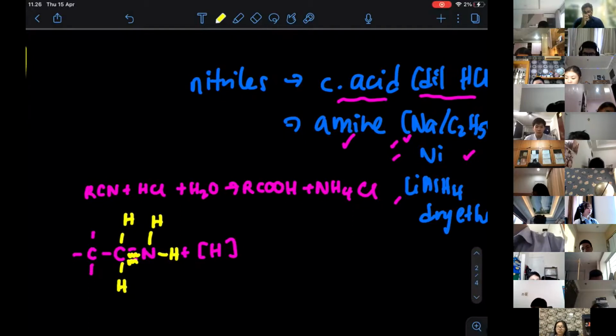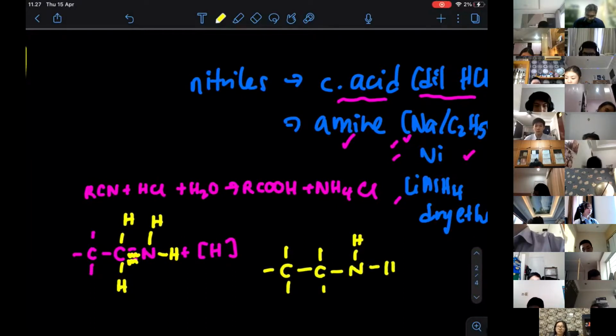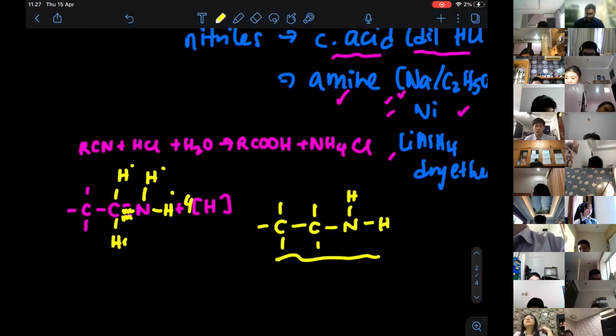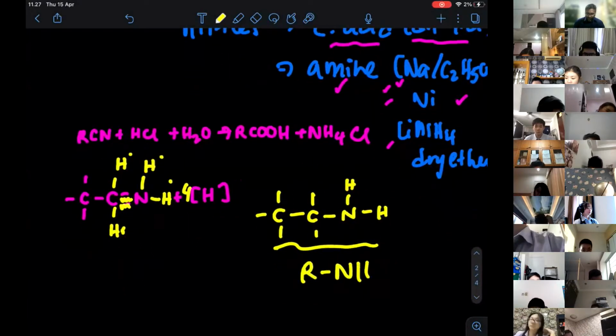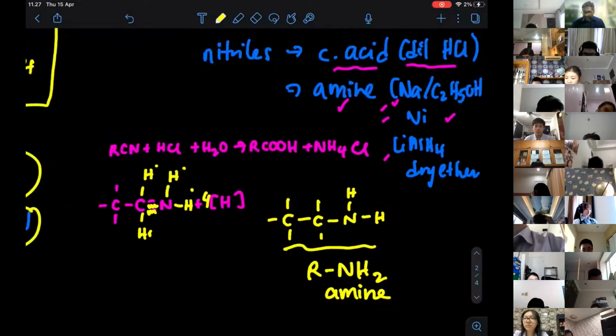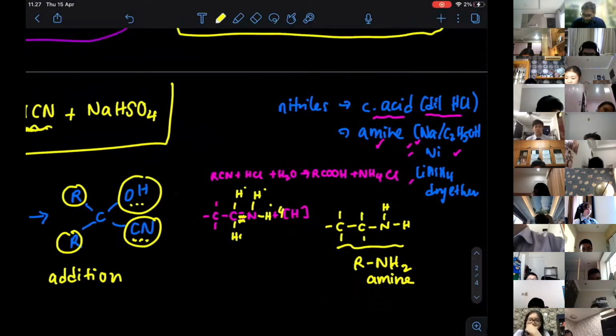So you are going to get CH3CH2NH2. How many hydrogens are used? 1, 2, 3, 4. Four. And you get RNH2, which is called amine. For this reaction to happen, you need any of these three reagents.